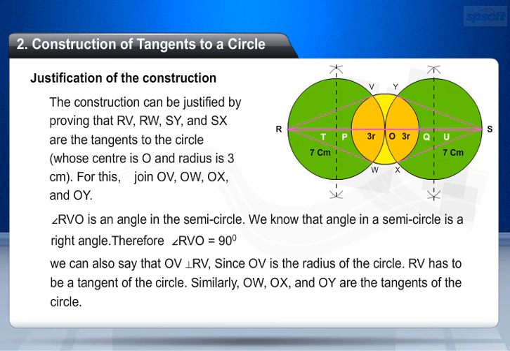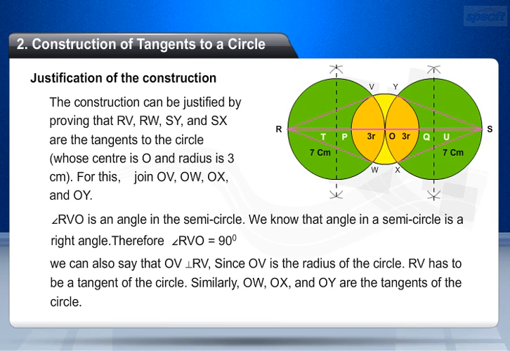Similarly, OW is the radius of the circle, and angle RWO is an angle in the semicircle. Therefore, OW is perpendicular to RW, thus RW has to be a tangent to the circle. OX is the radius of the circle and angle SXO is an angle in the semicircle. Therefore, OX is perpendicular to SX, thus SX has to be a tangent to the circle.